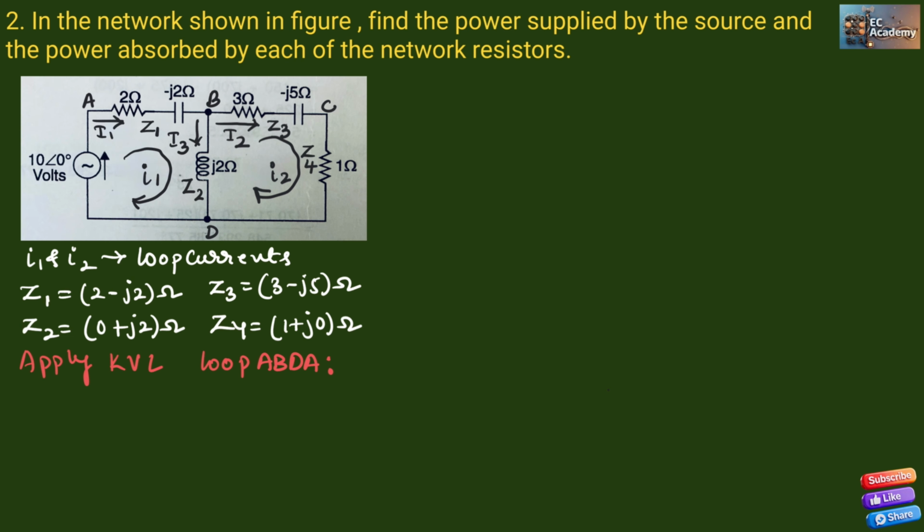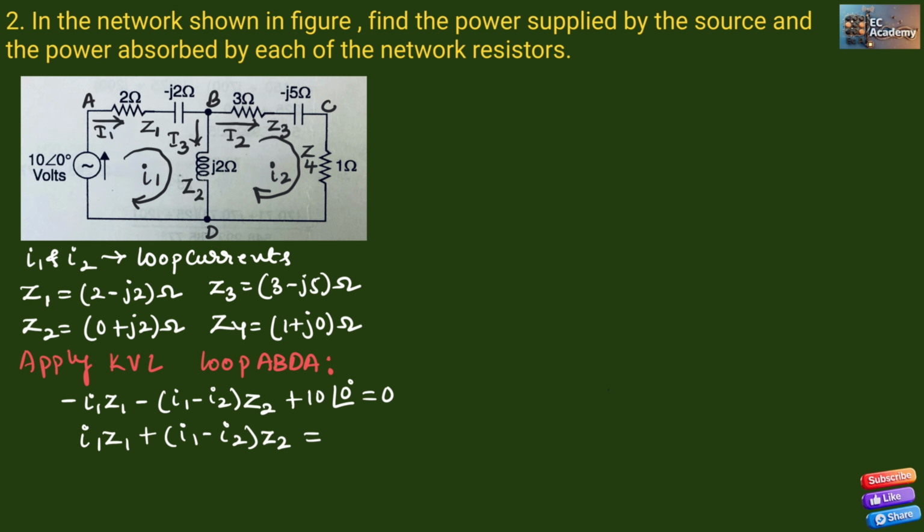So we can write minus I1 Z1 minus (I1 minus I2) Z2 plus 10 at an angle of 0 degree is equal to 0. If we take this term to the right hand side, we can write I1 Z1 plus (I1 minus I2) Z2 will be equal to 10 at an angle of 0 degree.